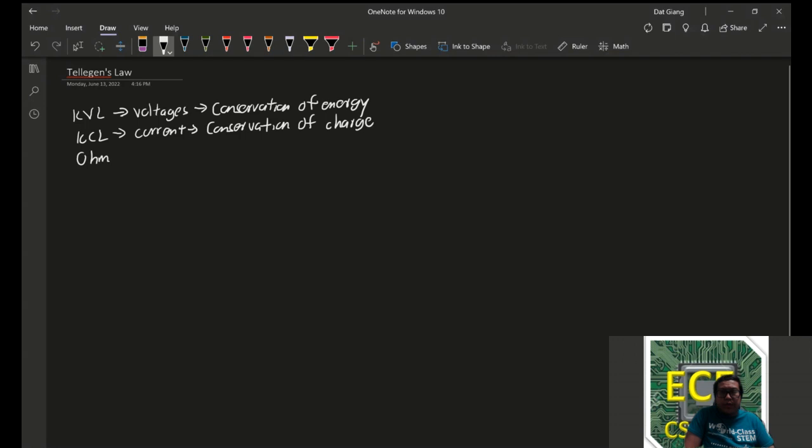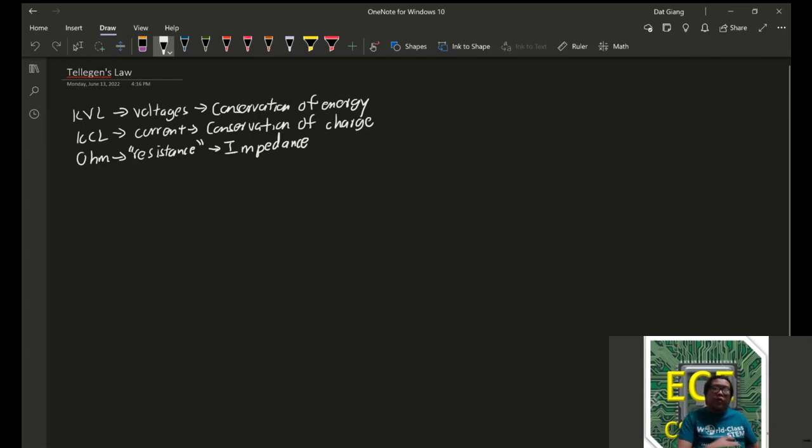We also had Ohm's law, which tied the two together to give us resistance, or rather, I should say resistance in quotation. Later on, we'll find that the more generalized definition is impedance, which, if you aren't familiar with it, you don't have to know yet.